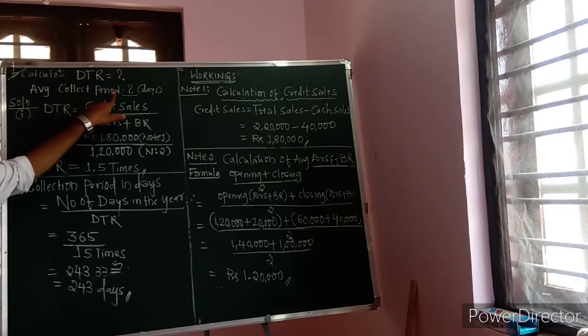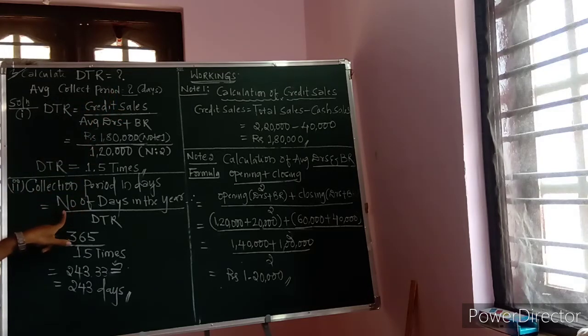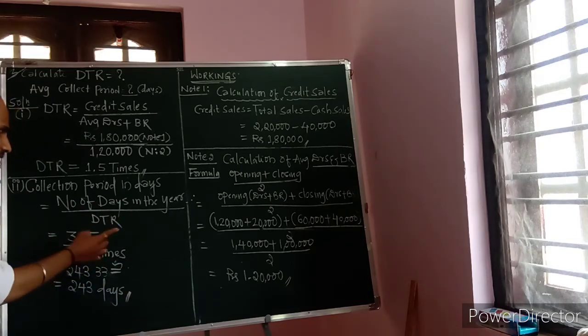In order to calculate this, we use this simple formula: number of days in the year divided by debtors turnover ratio. Number of days in the year, we assume 365 days in a year, divided by the debtors turnover ratio.